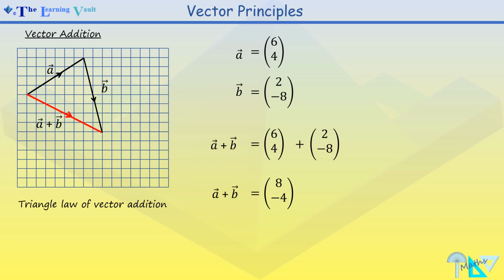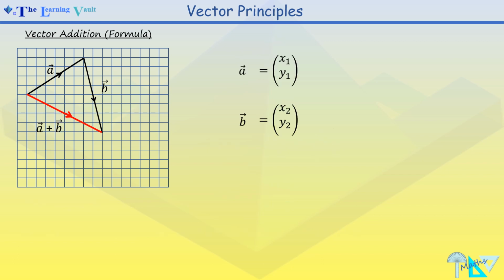Now this is also known as the triangle law of vector addition because the vectors end up forming a triangle. Now if we have a vector like C representing vector A plus vector B, we call this the resultant vector of A and B. So it's represented as vector C equals vector A plus vector B.